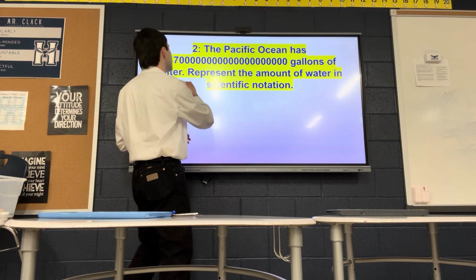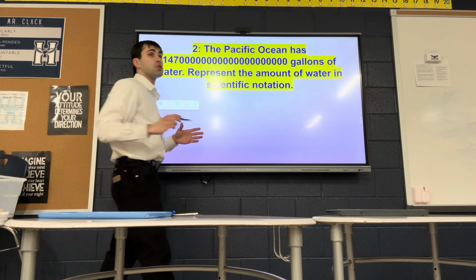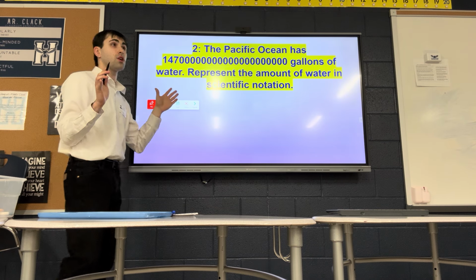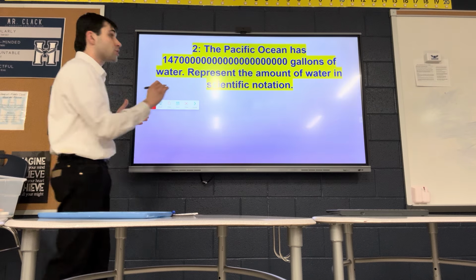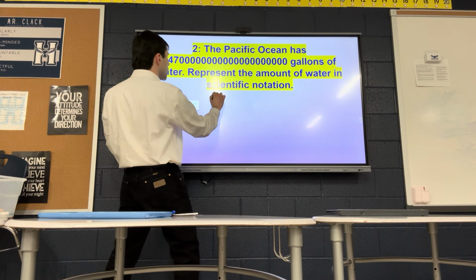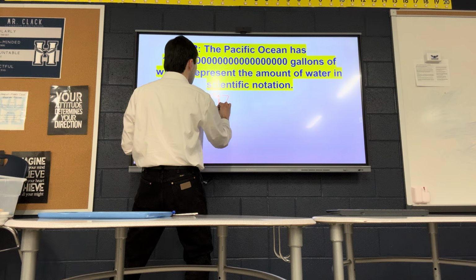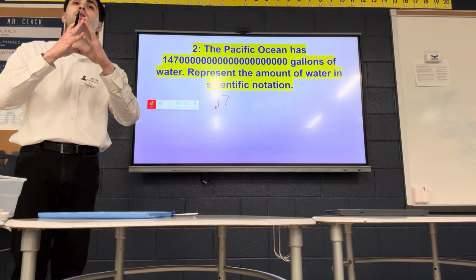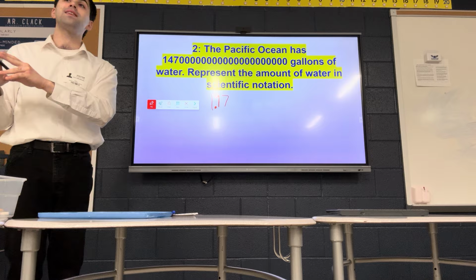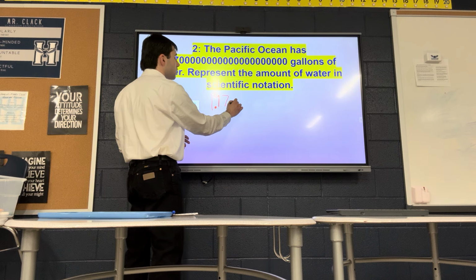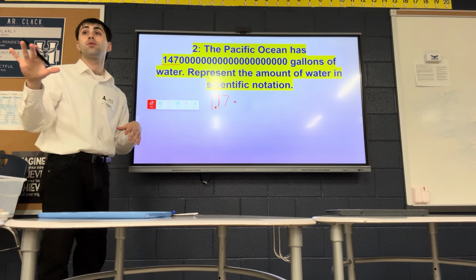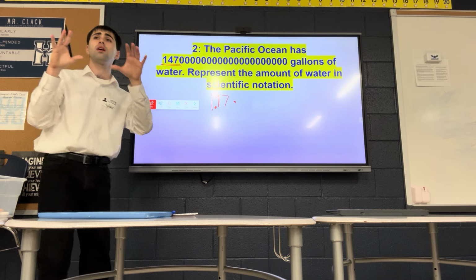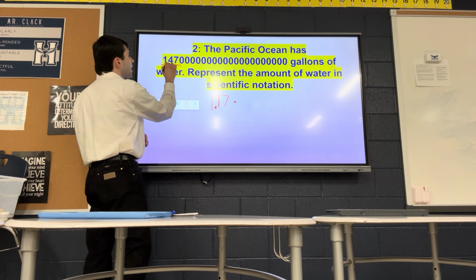I'm going to show you one example of making numbers into scientific notation, and then I want you to write down how you would do it. The Pacific Ocean has, I'm not gonna read this number, this number is huge, 147 trillion gallons of water. Represent the number in scientific notation. First you have 147. It has to be either 1 through 9. Then you see how I got 1.47? I have to make it 1 through 9, and I just put a point here.